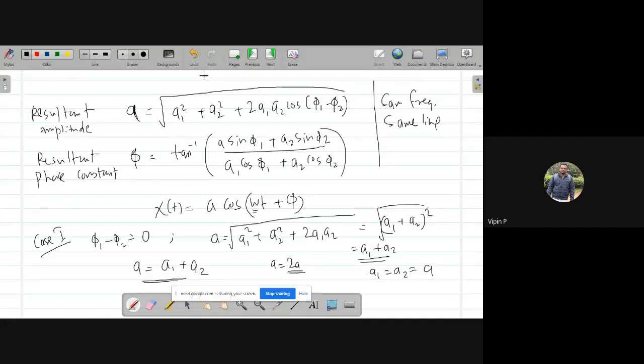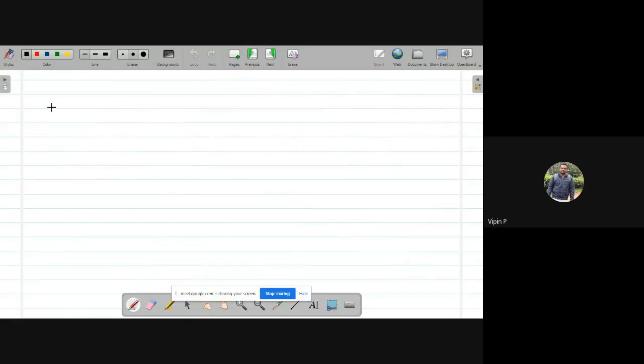Now the next important case, case 2: phi1 minus phi2 is equal to pi. Let's say there is a phase difference of pi between them. Then cos pi is equal to -1.